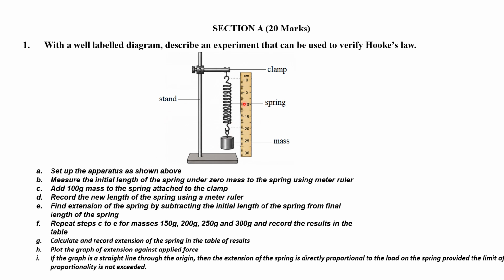So let's see the allocation of marks. For the diagram, correct diagram, 1 mark. For correct labels, 2 marks. So together here, you have 3 marks for the diagram.